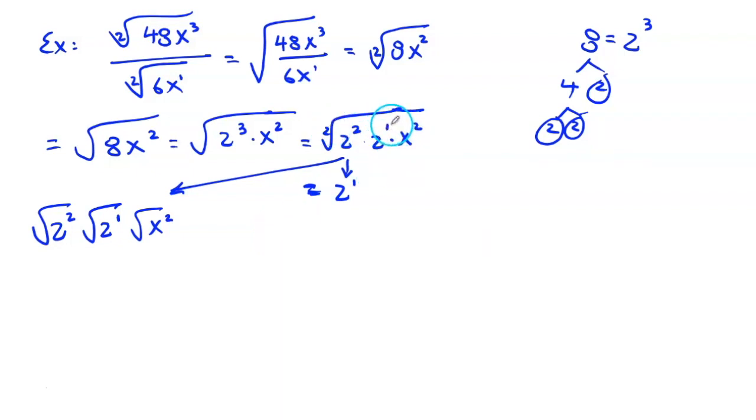My exponent divided by my index, 1 divided by 2, is it possible? No. I know that stays on the inside of the radical. The x, 2 divided by 2 is 1, it came out. 1 divided by 2, you cannot, so it goes inside the radical. Final answer, 2x square root of 2.